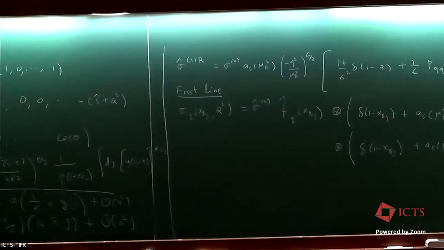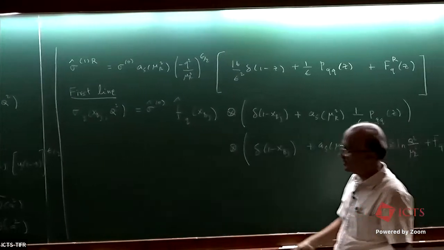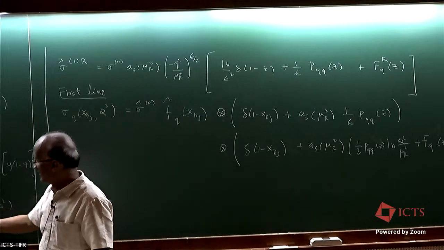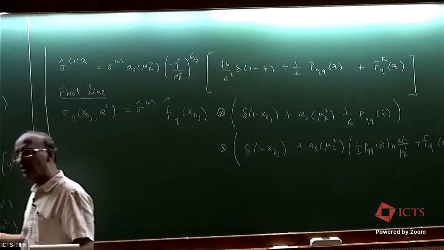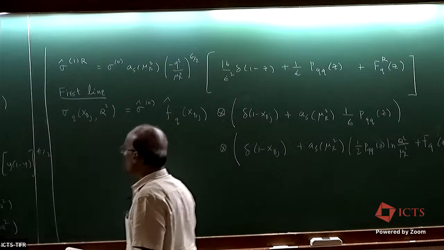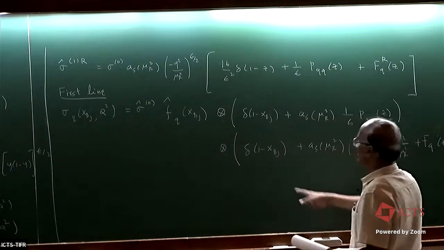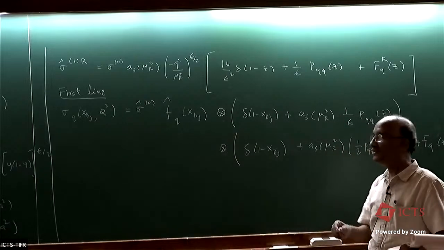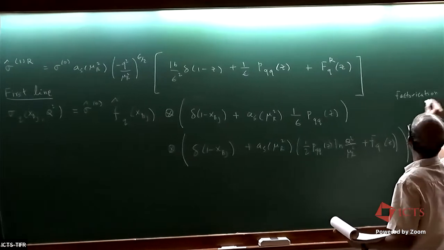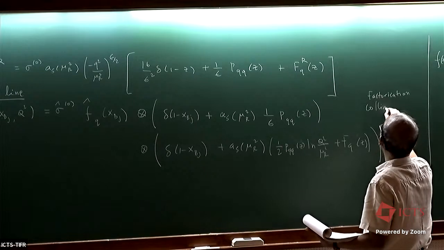Is this clear to everybody? It is as simple as this. I know that this is a divergent quantity, and I've just factored it out up to order a squared. This is simple mathematics. This is what you call factorization of the collinear singularity.